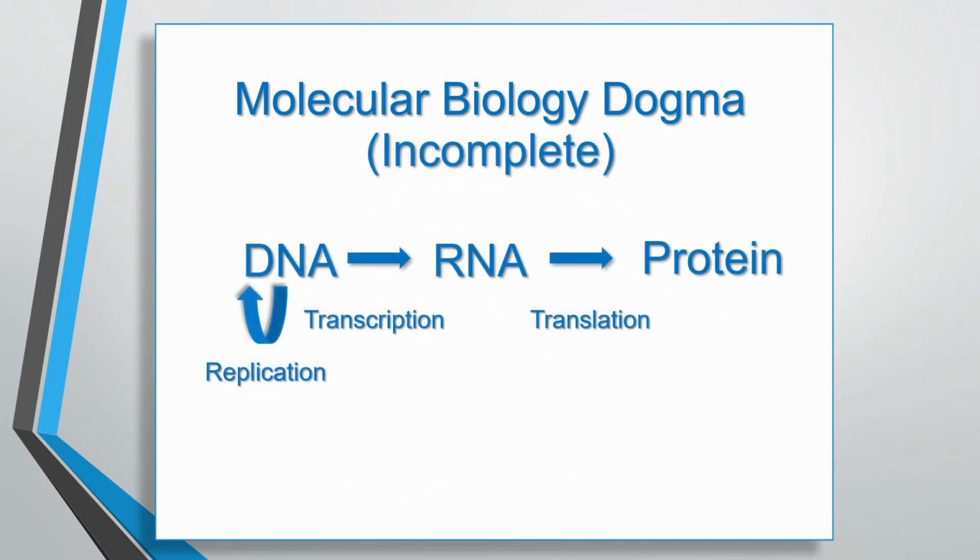And as a reminder, this is the version that they teach everybody in just about every science class. And like I've said before, this is intentionally and strategically left incomplete. Because once you learn the complete version, you realize that the dogma of molecular biology is impossible to explain scientifically.